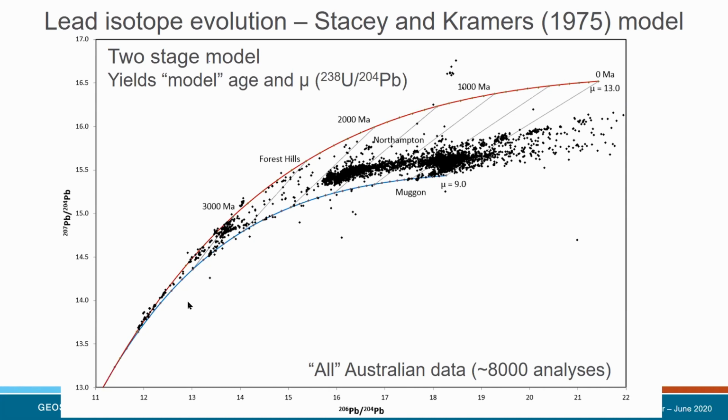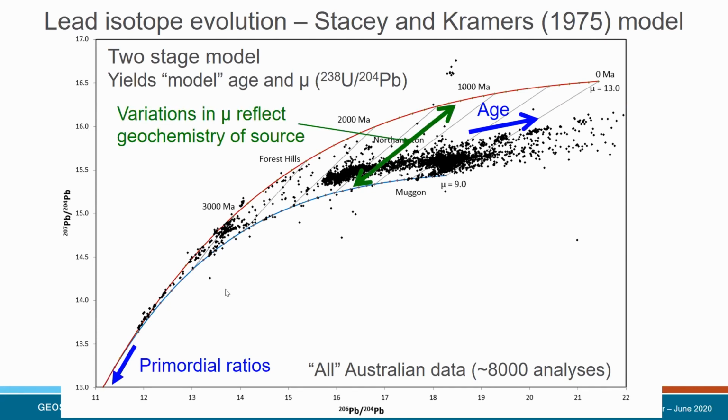What I've done on top of that is I've plotted a number of lines, which are evolution models. So it's the evolution of lead as the uranium decays in this case. There's the primordial ratios you see down in the lower part. It's a function of age and something we call mu.